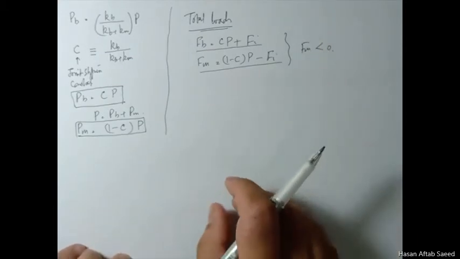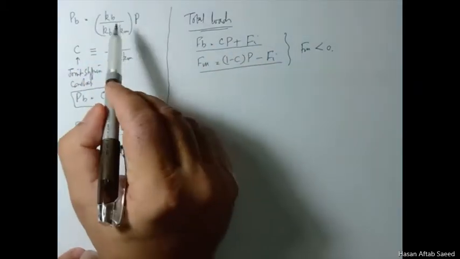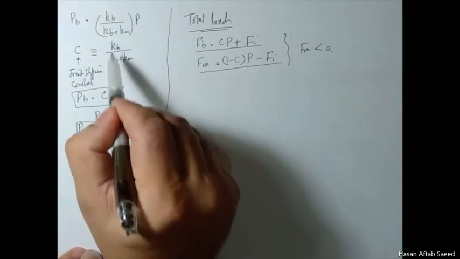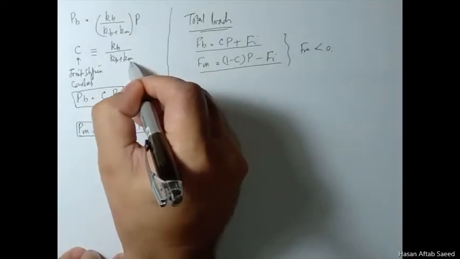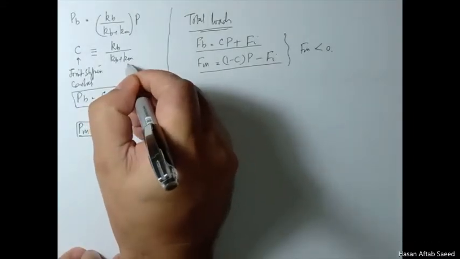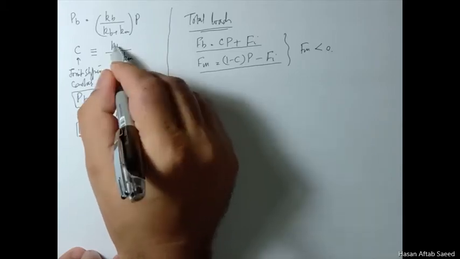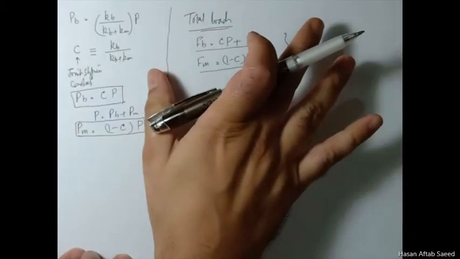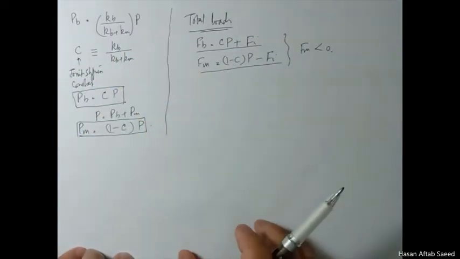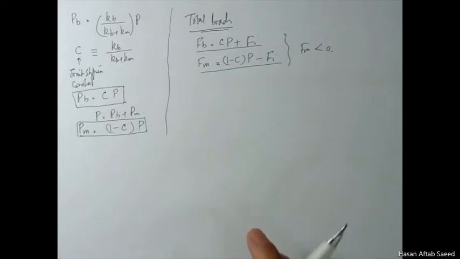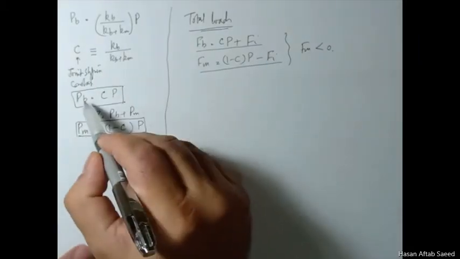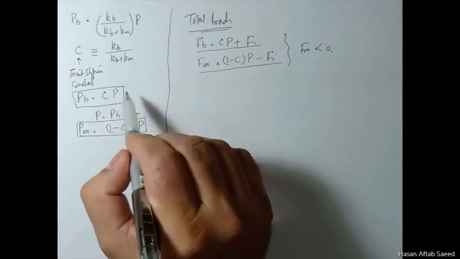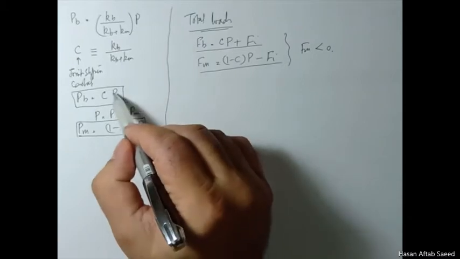Now, this expression, it's very clear from this that the denominator must be much higher than the numerator, because the member stiffness is much larger than the bolt stiffness. So as a result, the C value, obviously it's different for different cases, but on an average it is around 0.2. Which means that the bolt only takes 20 or 25% of the external load.